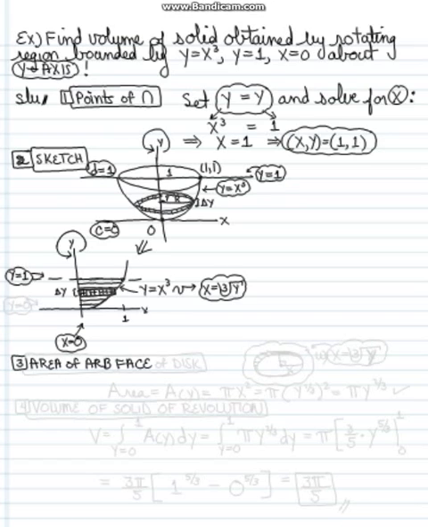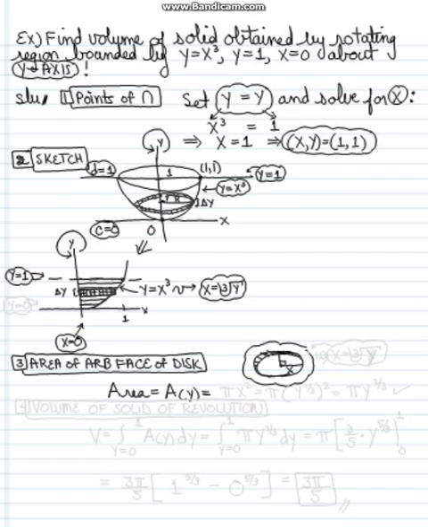Step 3, we're going to find the area of the arbitrary horizontal face formed when we spin the estimating rectangle around the y-axis. It gives us a face of a disk that looks like this, with a point in the center and then a radius x. That's actually x equals the cube root of y.